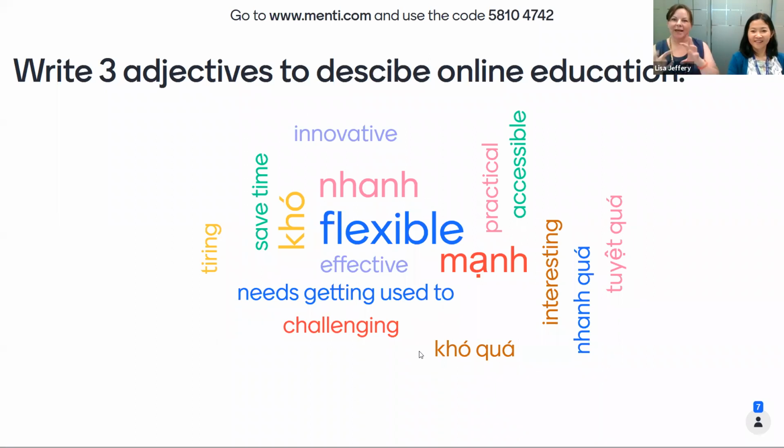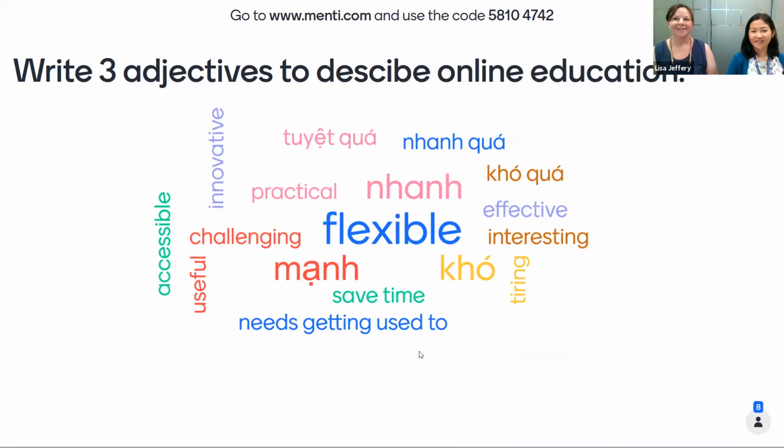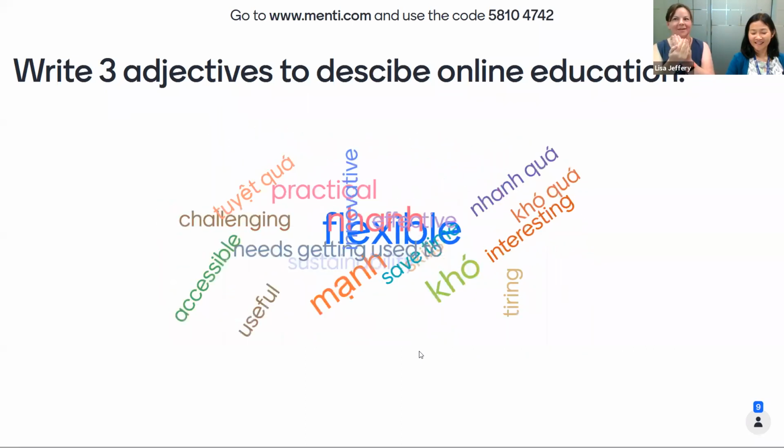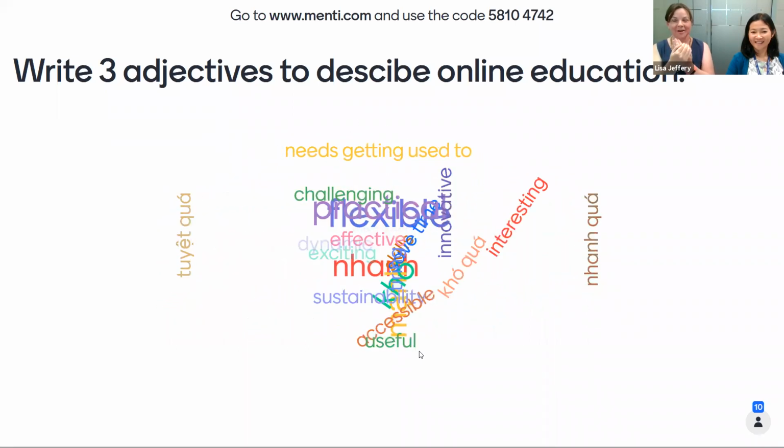So this is a word cloud, and it will keep updating every time somebody puts a new word in. What we might do is check back later and see if there's some more words. It's great to see every time somebody enters a new piece of information, the word cloud refreshes itself in real time.